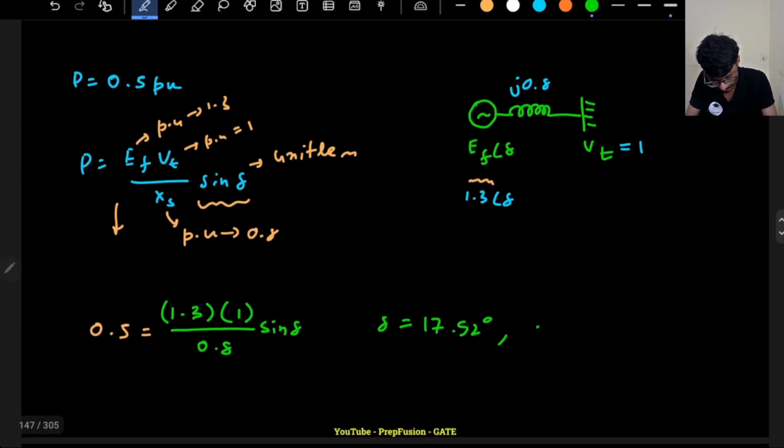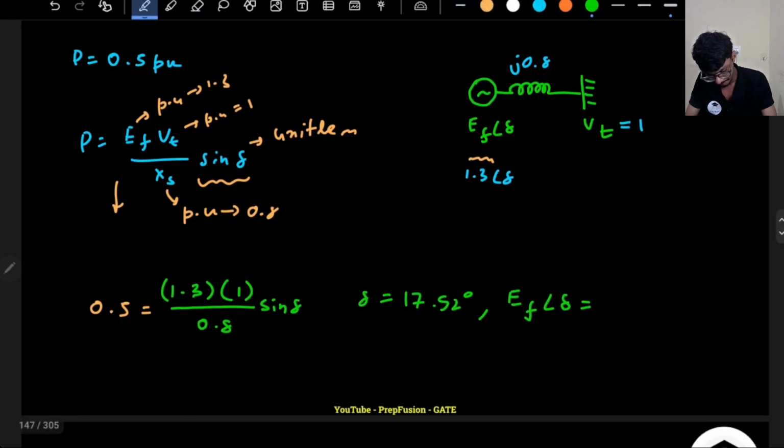EF angle delta equals Vt plus IA into jXS.